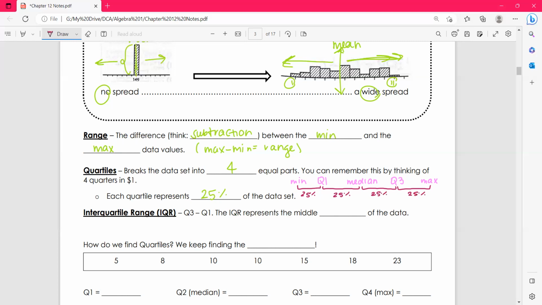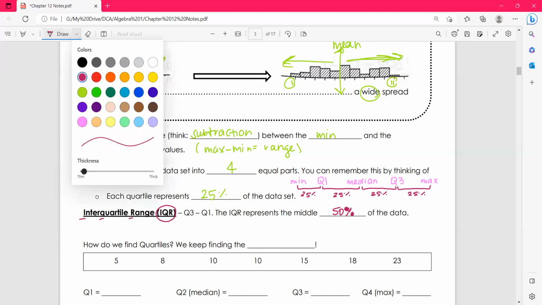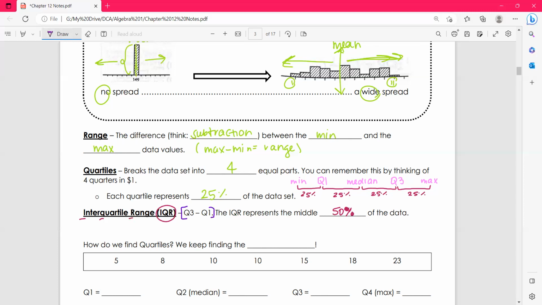The IQR, or interquartile range, is everything between Q3 and Q1. We have to find the Q3 and Q1. The IQR represents the middle 50% of the data. Okay, so with the IQR here, we do Q3 minus Q1.